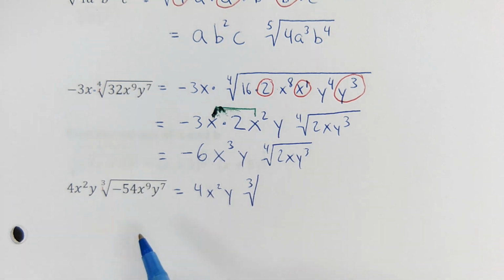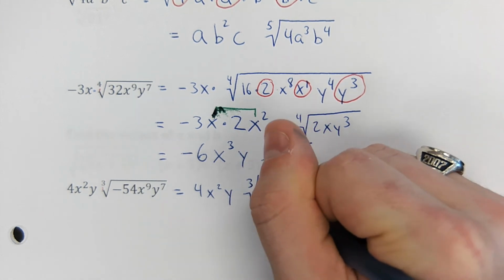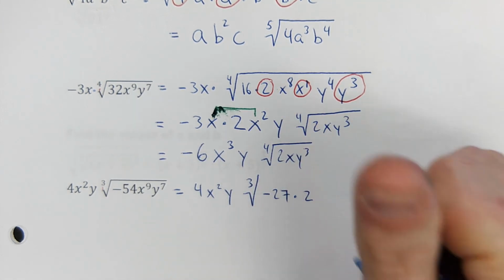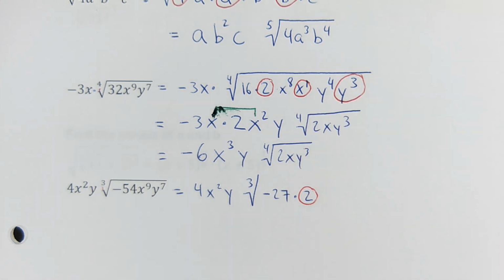Mason has already identified the number 27 as our perfect third power. So we will split this negative 54 into a negative 27 times a 2. The 2 is stuck.